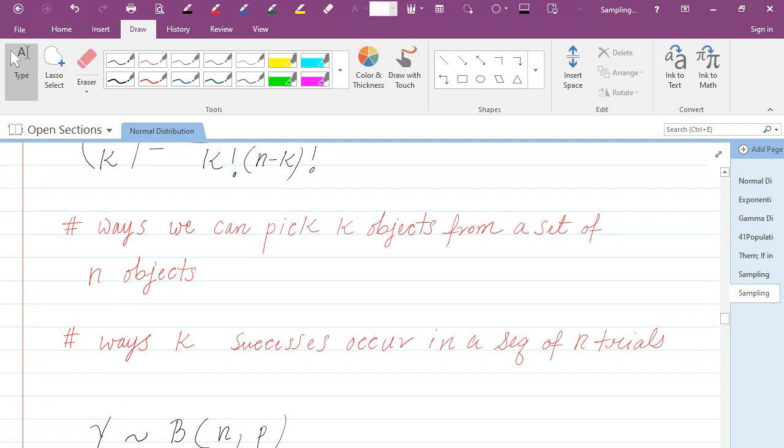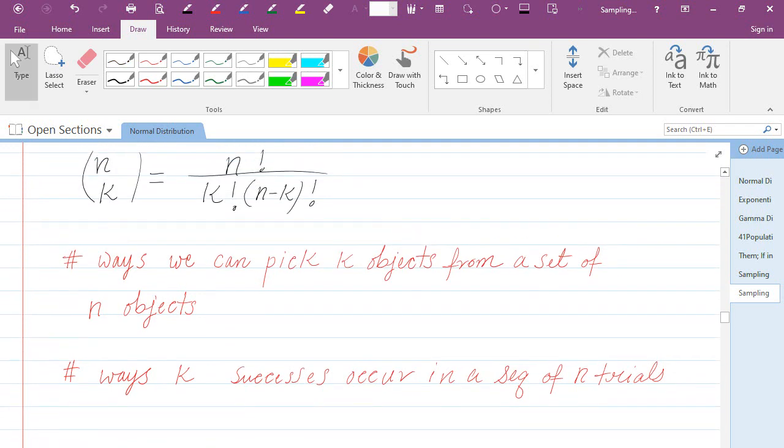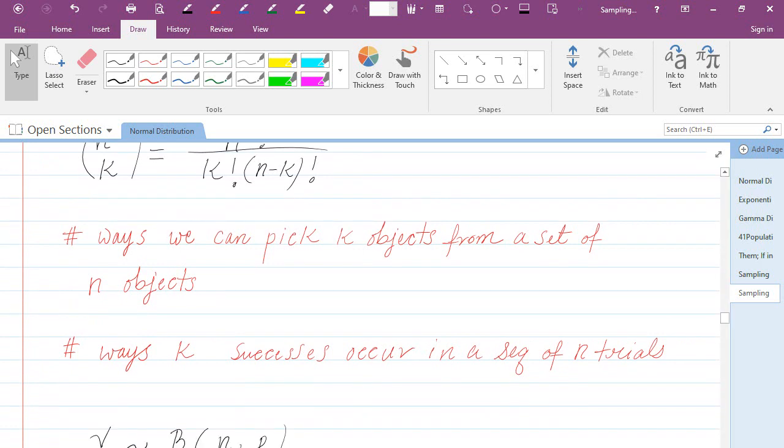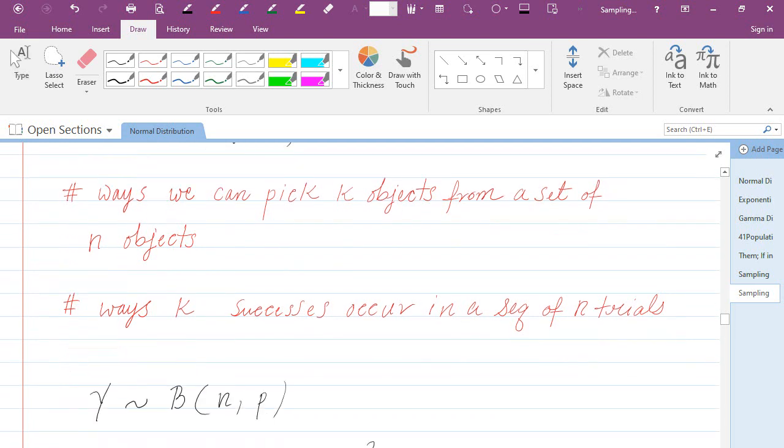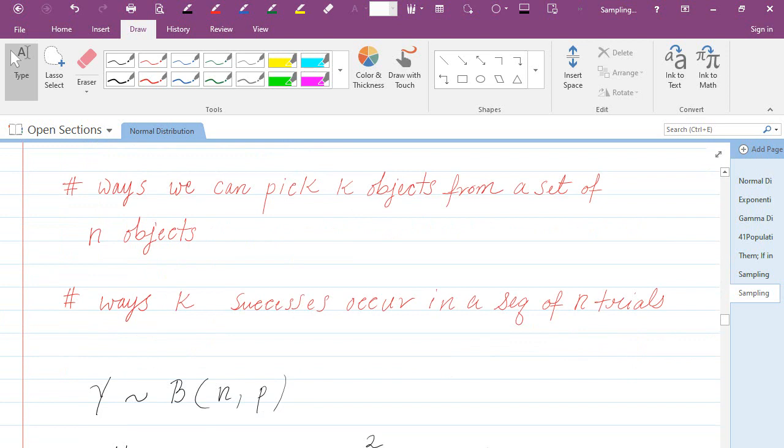How many different committees are possible? Well, that's exactly 15 choose 3. So n choose k is the number of ways we can pick k objects from a set of n objects, or you can say it's the number of ways k successes occur in a sequence of n trials.